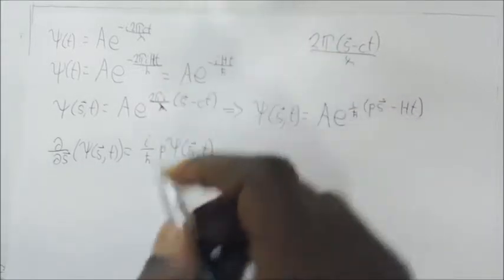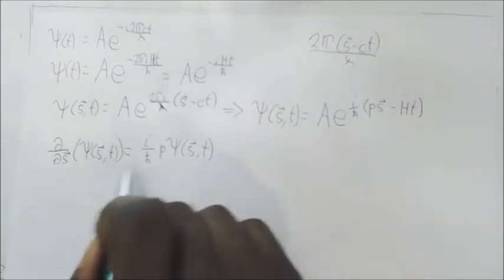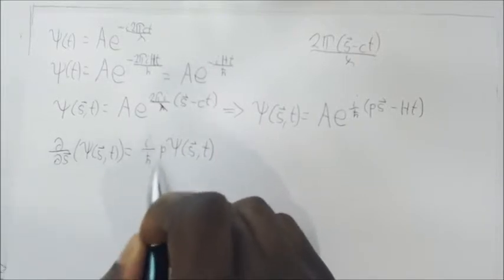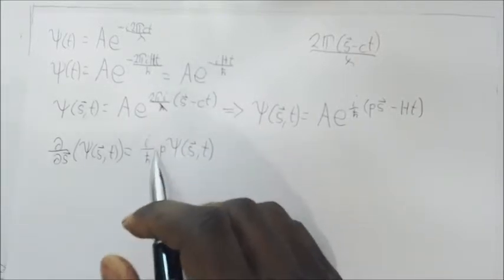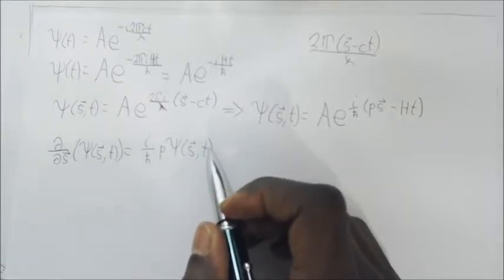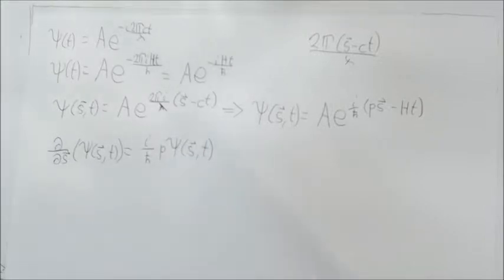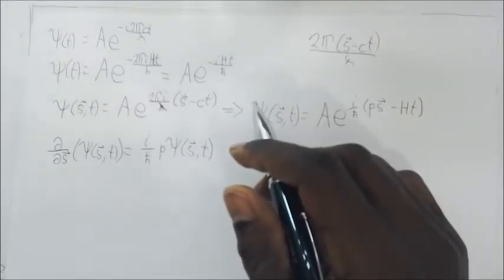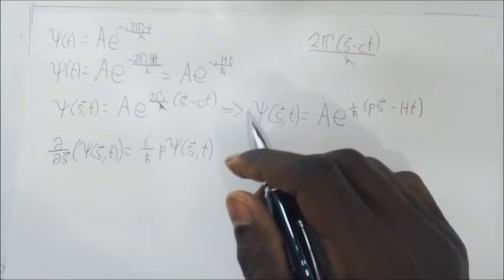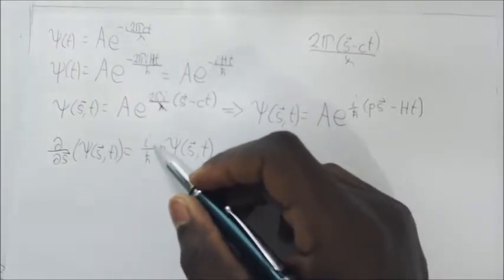Now notice that differentiating the wave function with respect to position gives you a scalar multiple of itself. And by definition, this means that the wave function is an eigenfunction of the differential operator with respect to position.